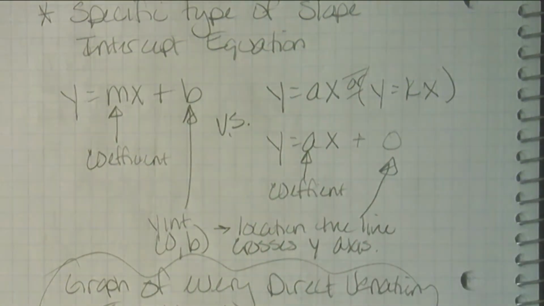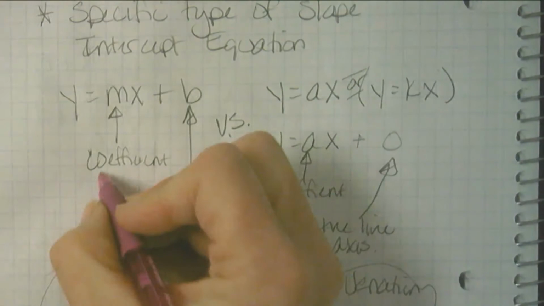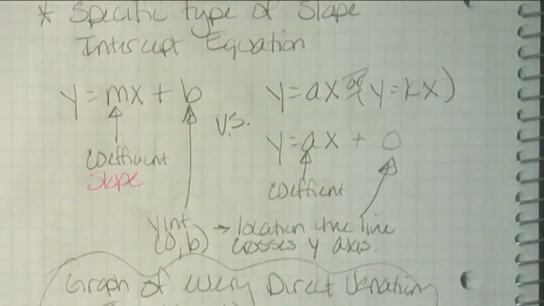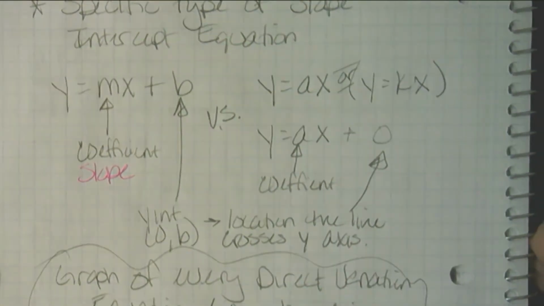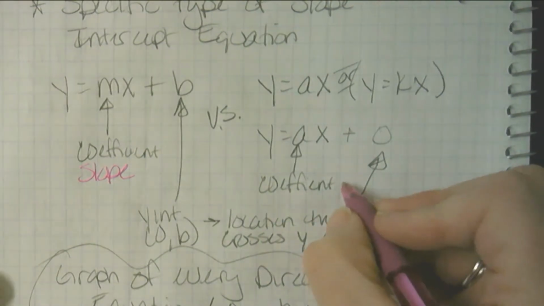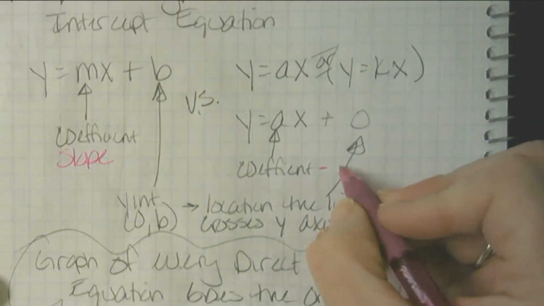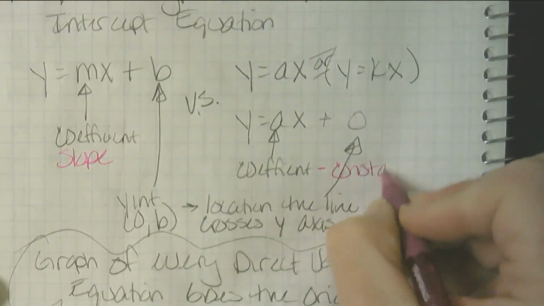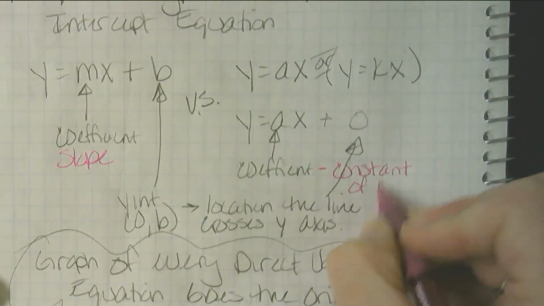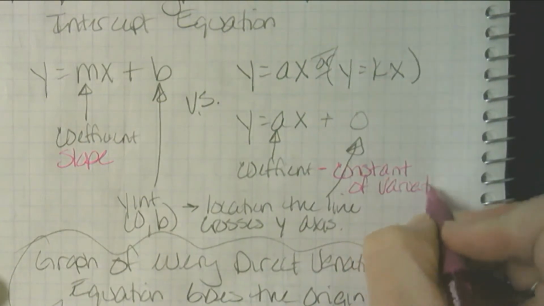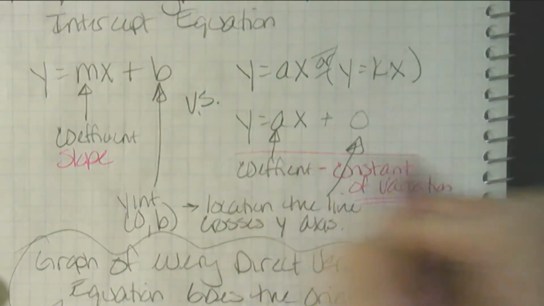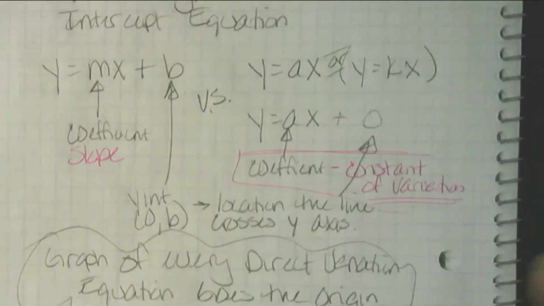So that's our slope. Our coefficient in direct variation is the constant of variation. So instead of slope, it's called the constant of variation.